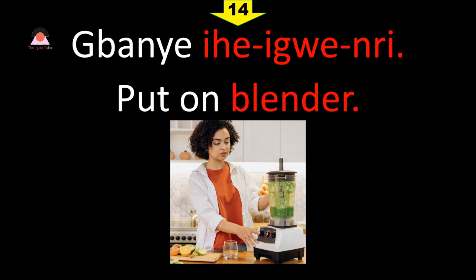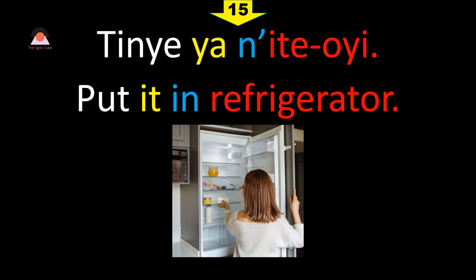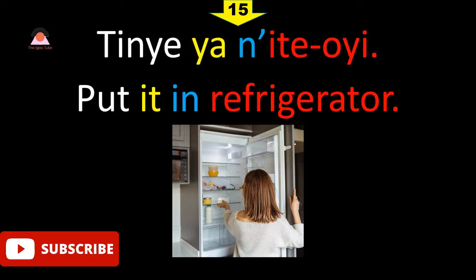Blender is ihe igwe nri in Igbo language, the compound word. Gbanye ihe igwe nri, put on blender. Put it in refrigerator, which means tinye ya n'ite oyi. Refrigerator meaning ite oyi in Igbo language.